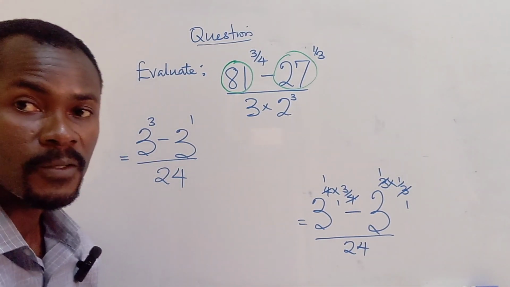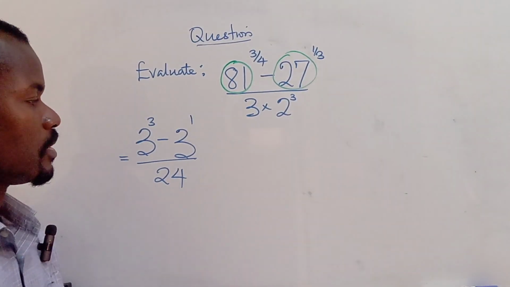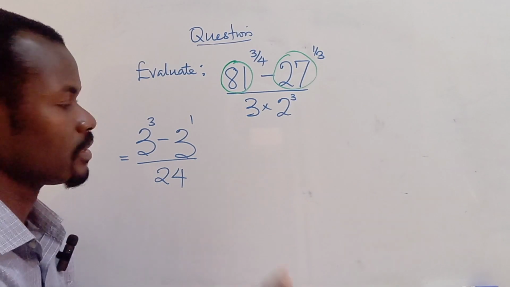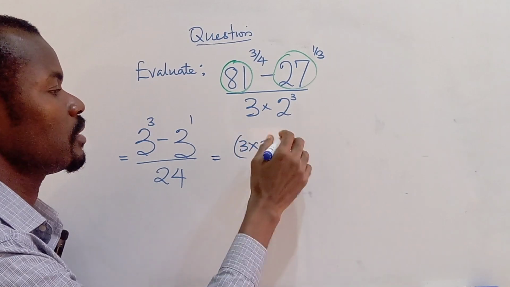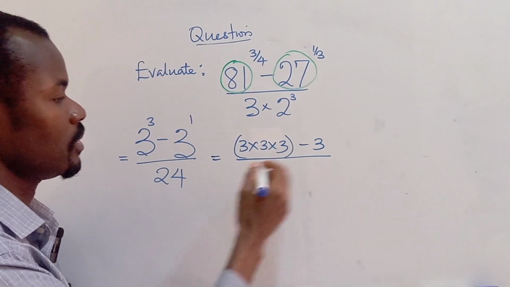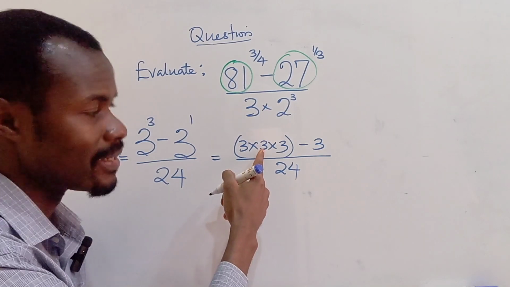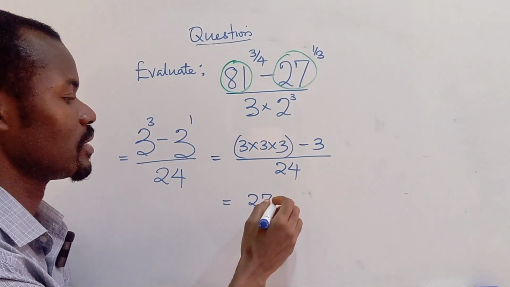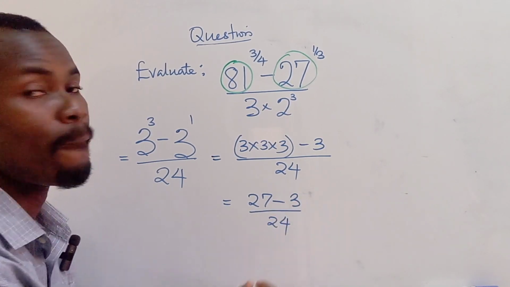So what is 3 raised to the power of 3? 3 raised to the power of 3 simply means 3 times 3 times 3. And 3 raised to the power of 1 simply means 3. All this is going to divide 24. So 3 times 3 is 9, times 3 we get 27, minus 3, divided by 24.